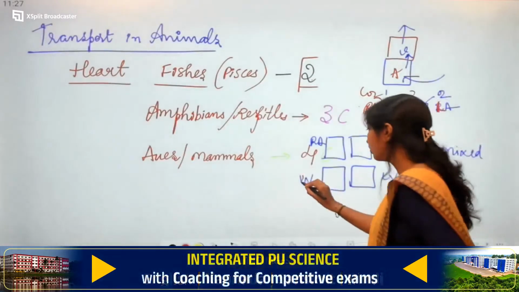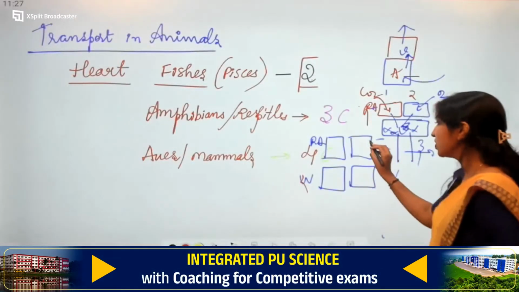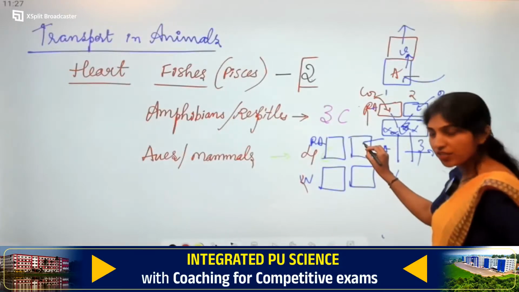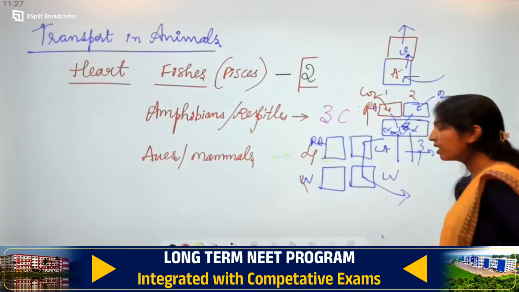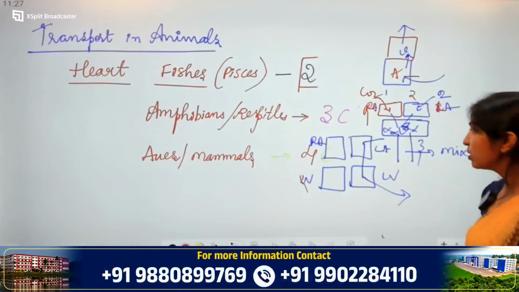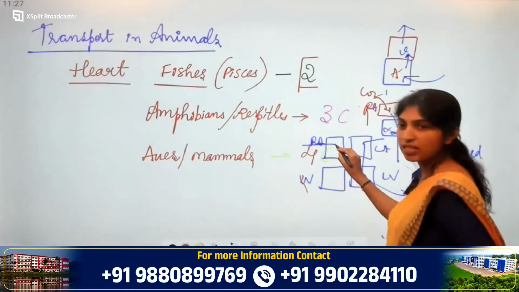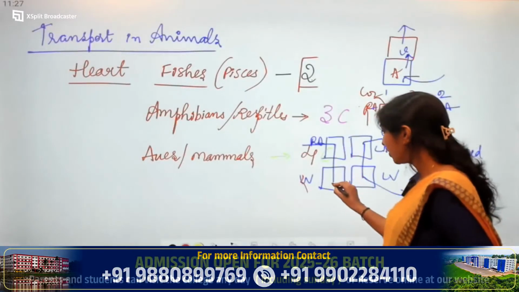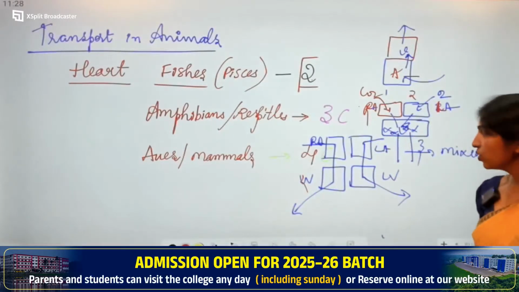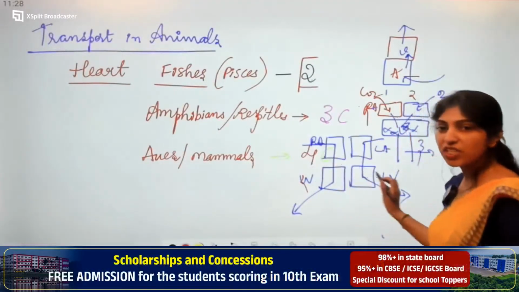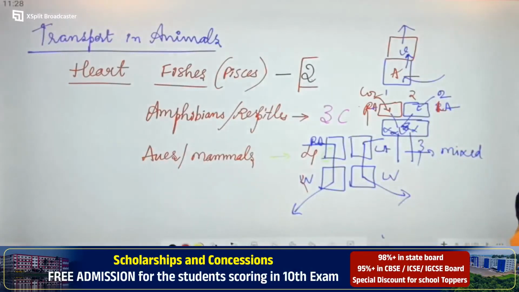Okay. Now, here what happens? The oxygenated blood is taken up by the left atria, given to the left ventricles and taken out through the left ventricles itself. Similarly, the deoxygenated blood is taken by the right atria, right ventricles and given out through the right ventricles itself.